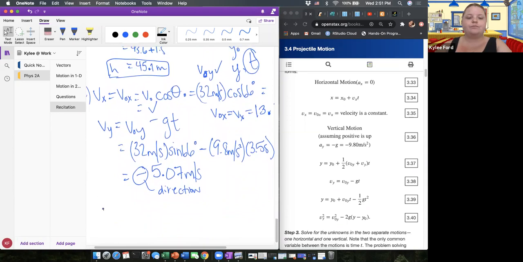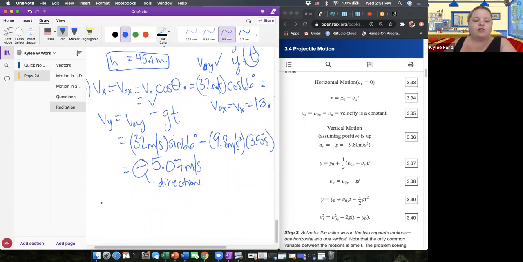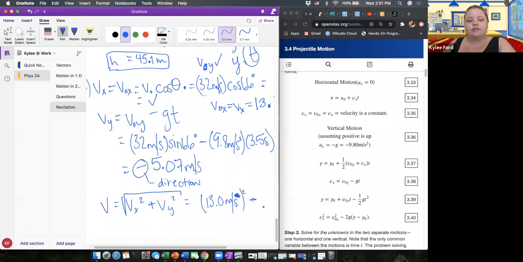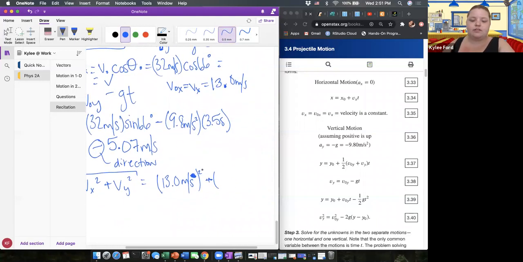Okay, so if I want to know my total speed, or total velocity, I will use vector addition. So you plug these in, 13.0 squared plus negative 5.07 squared, square root. Not pretty, but it works.